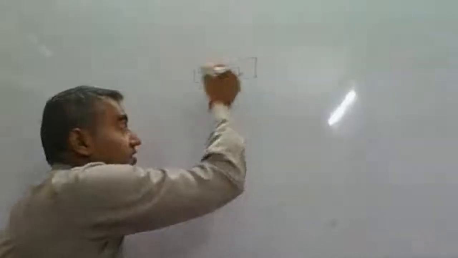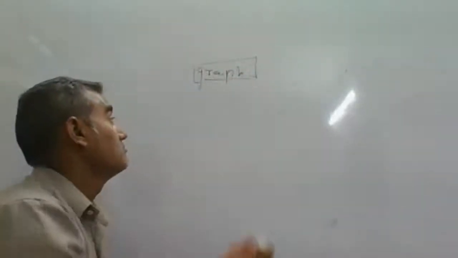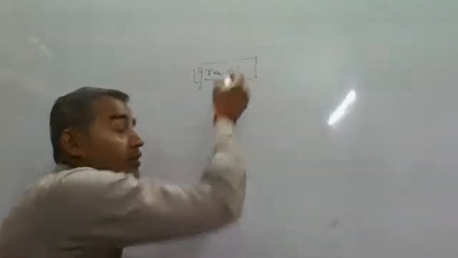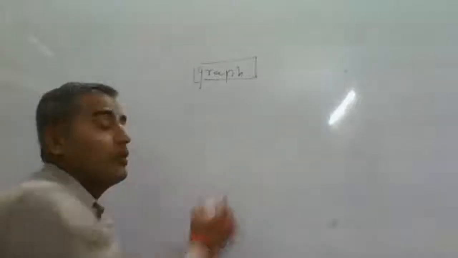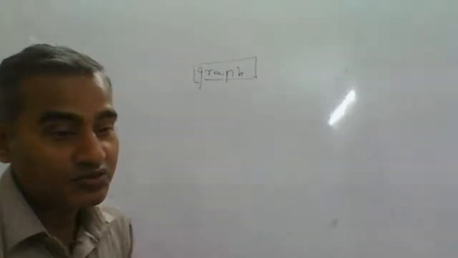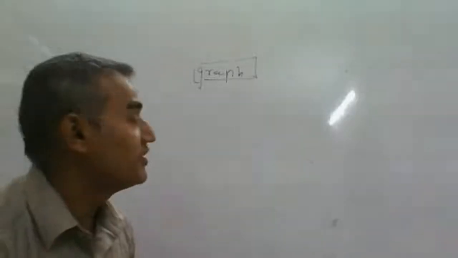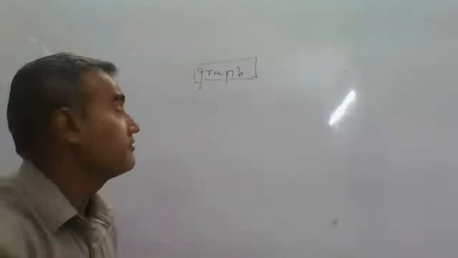Graphical representation. Kinematics is known as the study of motion. So here we represent the motion of any particle through a graph. This is known as an explanation of kinematics by graph.